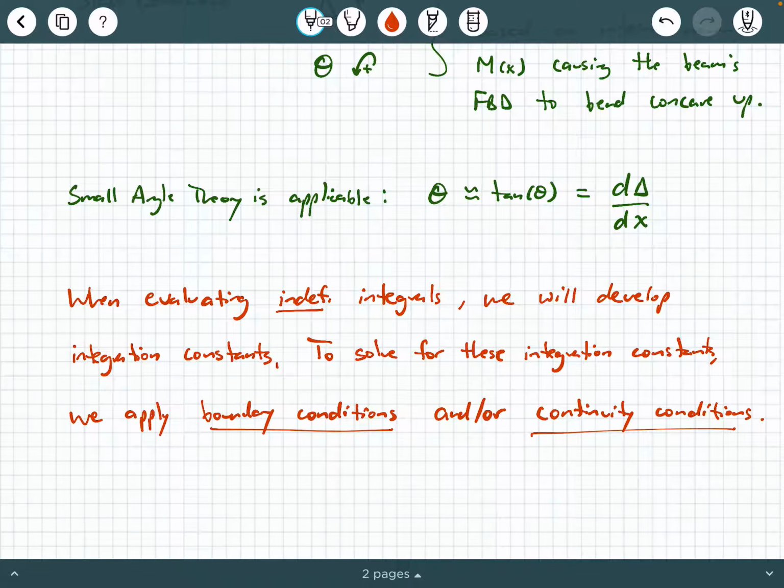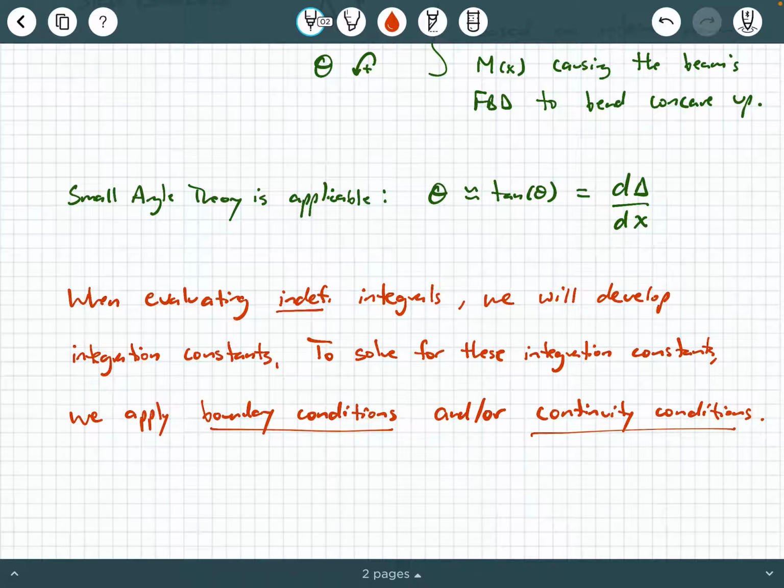Okay, so boundary conditions and continuity conditions represent physical constraints on your beam or on your system. And typically those have to do with external support reactions or any kind of discontinuity along the length of the beam, okay, or of your member.